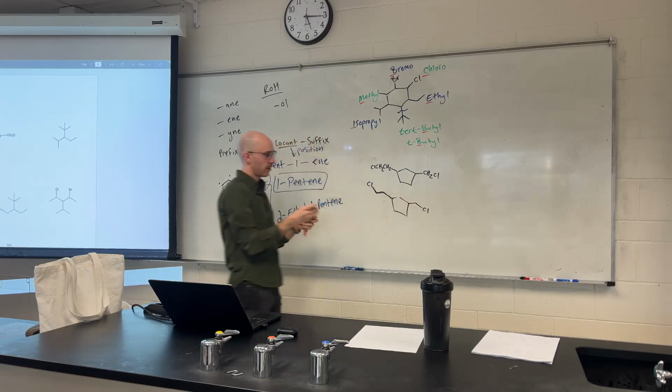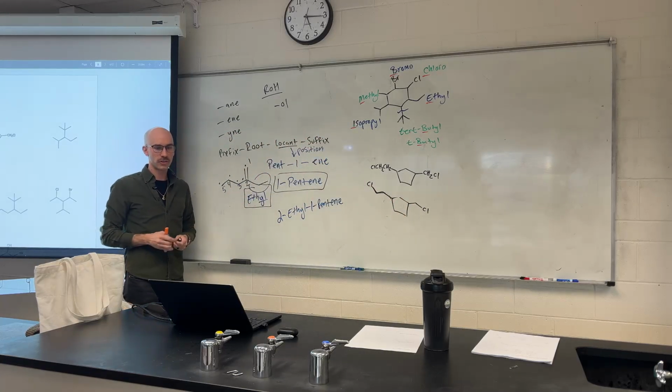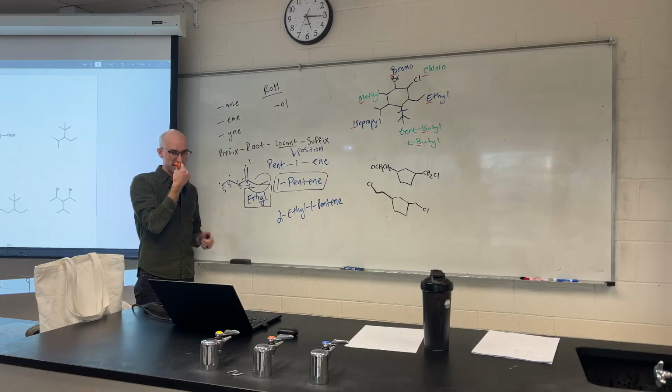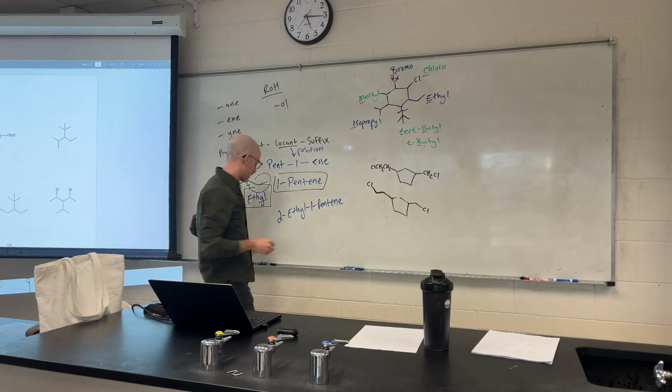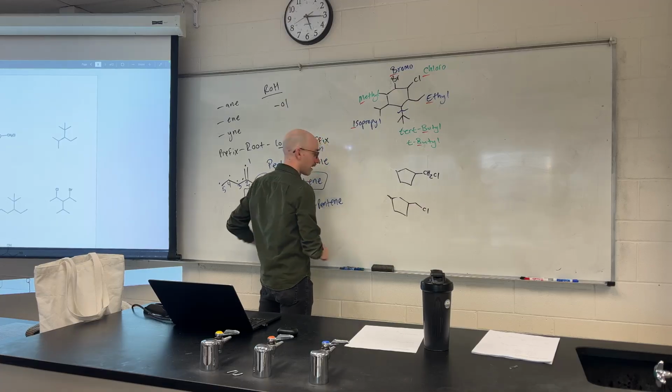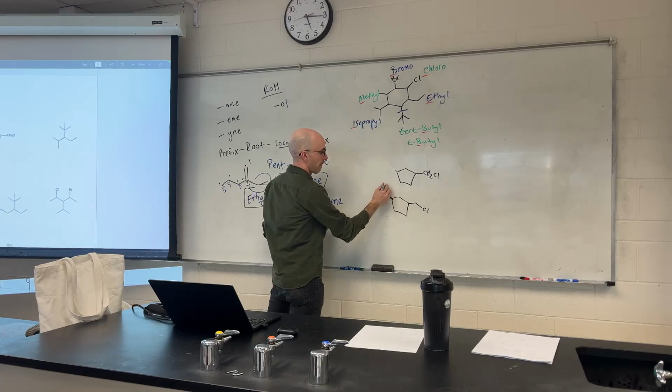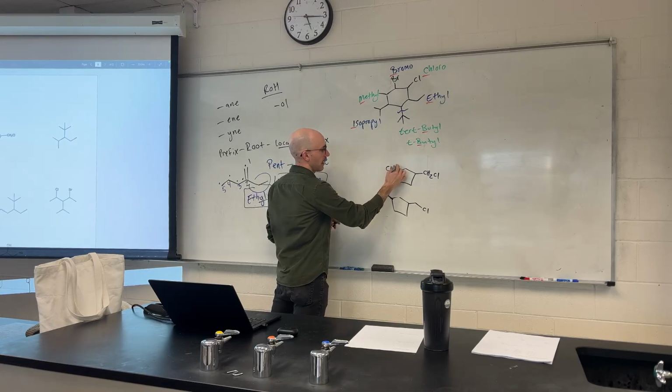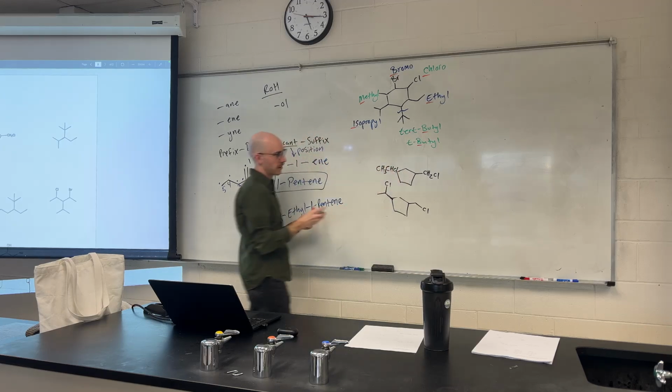A 1-carbon chain with a chlorine, a 2-carbon chain with a chlorine. Oh, sorry, I did screw up, this is not the same chlorine that I gave you guys. It's not the same position. CHCl, CH3.